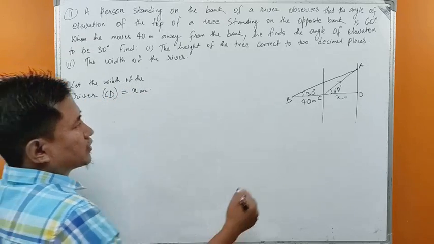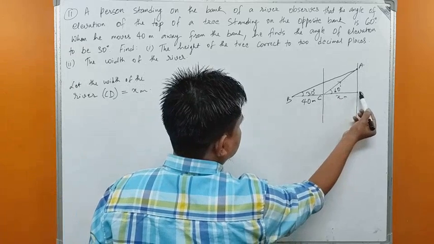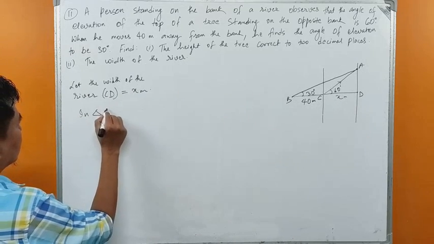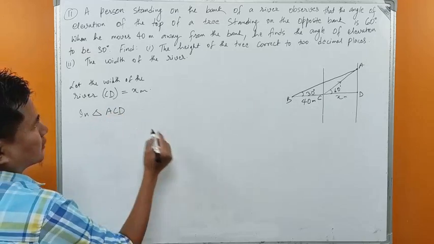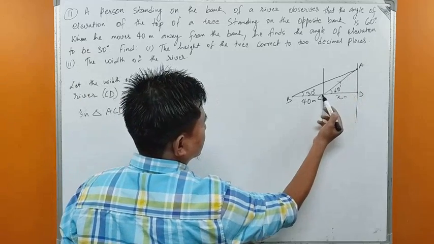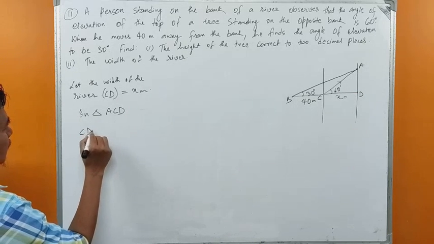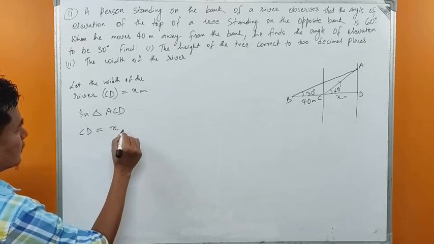Now first in triangle ACD, the smaller triangle ACD, CD equals the width of the river, that is x, isn't it?